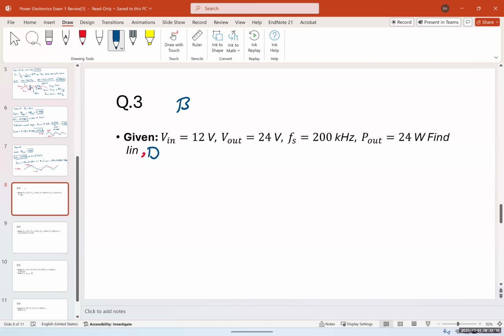Therefore, this is a boost converter. Yes, this is Iin and D. We want to find the input current, Iin, and we also want to find D. Well, let's find I out, Iin, and D.